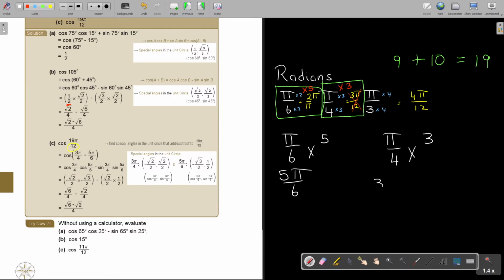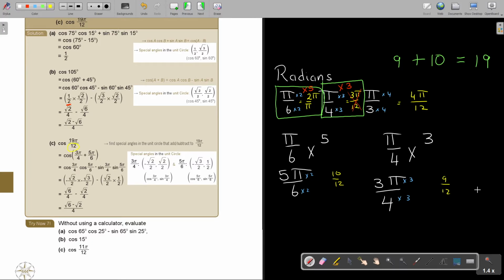And this is going to be 3 pi over 4. Are you with me? If you make the denominators the same again, can I show you? Multiply 2, multiply 2. Multiply 3, multiply 3. You will get 10 over 12, and you will get 9 over 12, which is 19 over 12.